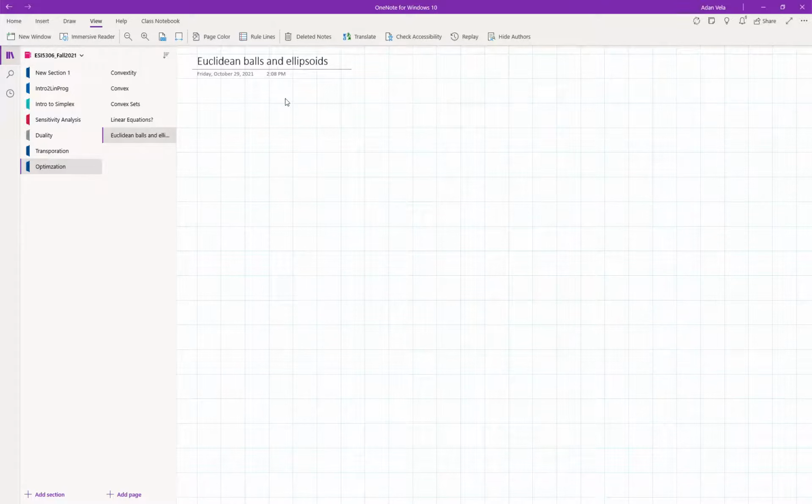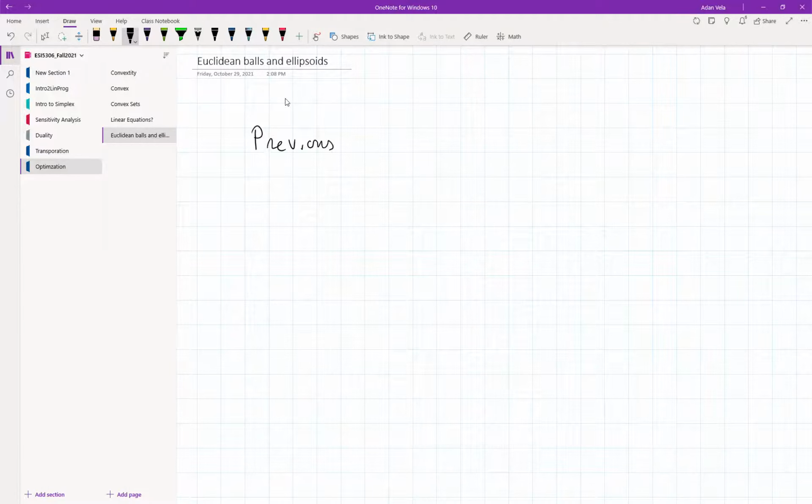Previously we had seen that a ball in 2D space, again, this is sort of a circle, is convex.